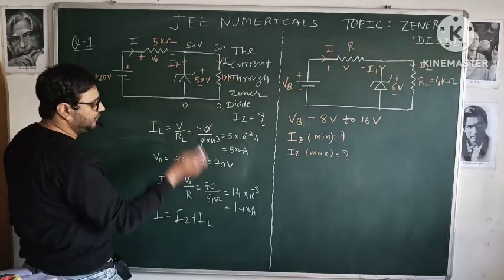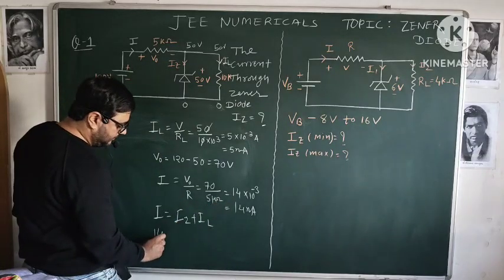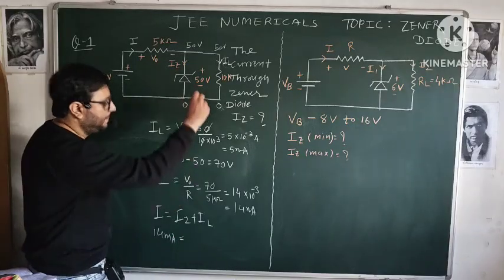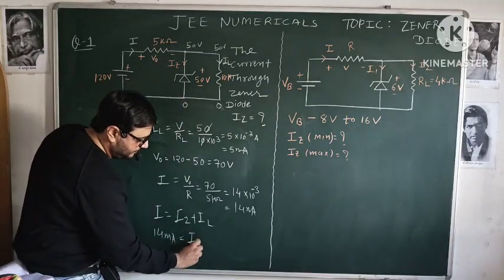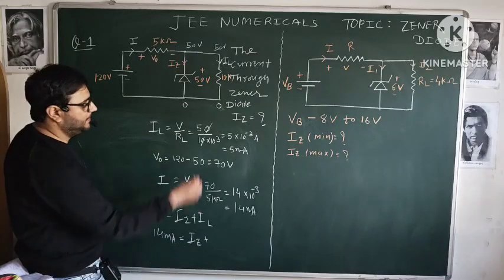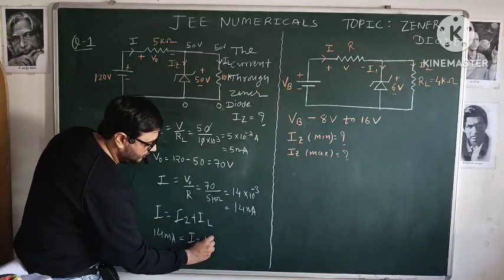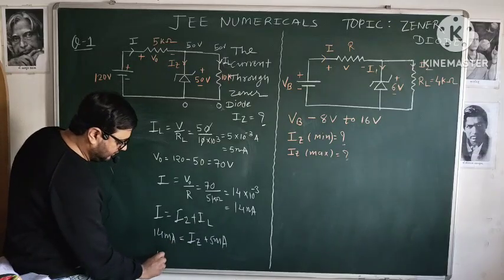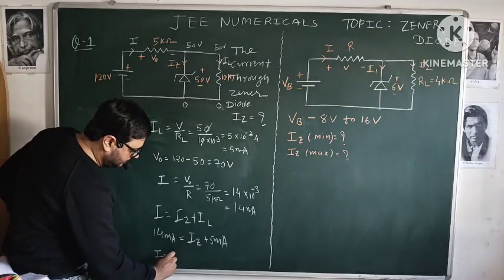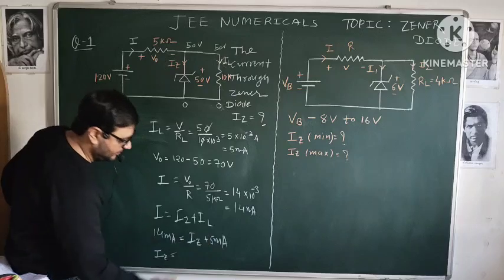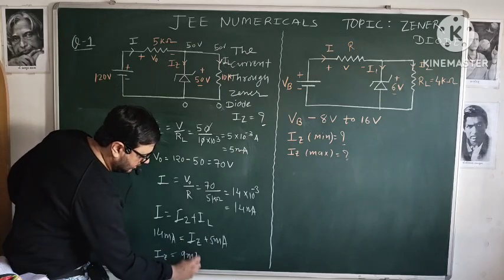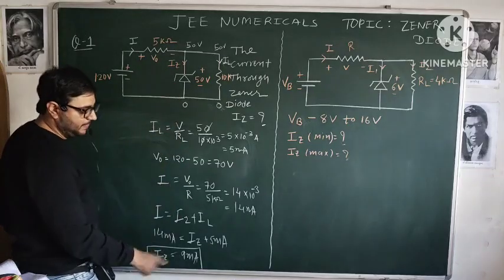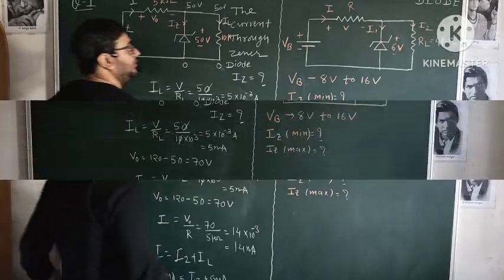The total current I we already know is 14 milliampere, IZ we need to find out, and IL we already found, 5 milliampere. So IZ is 14 minus 5, that is 9 milliampere. So the total current passing through the Zener Diode is 9 milliampere. Hope you understand this question.